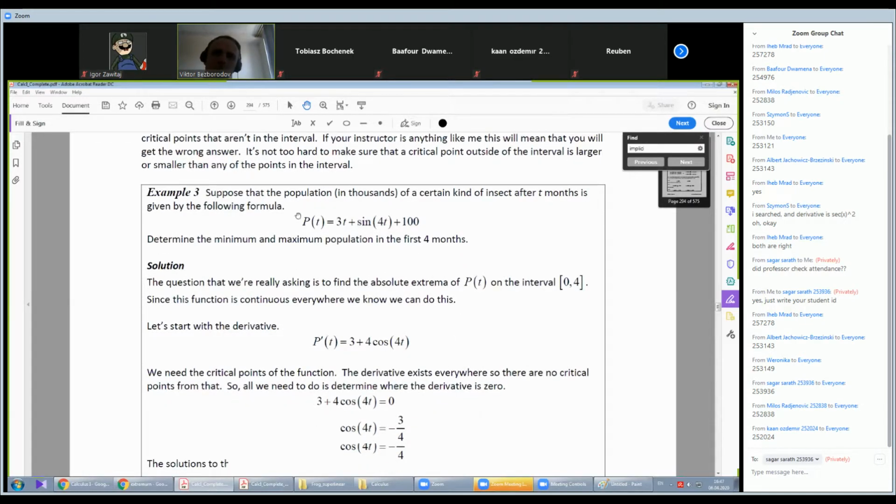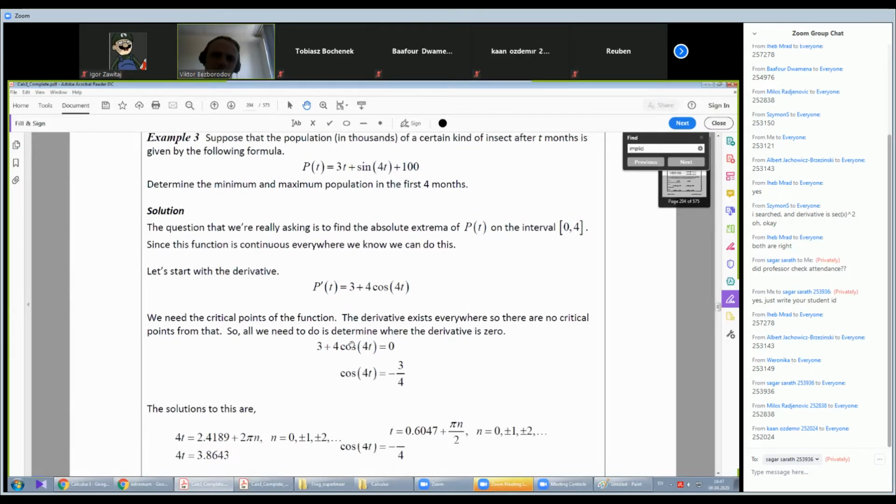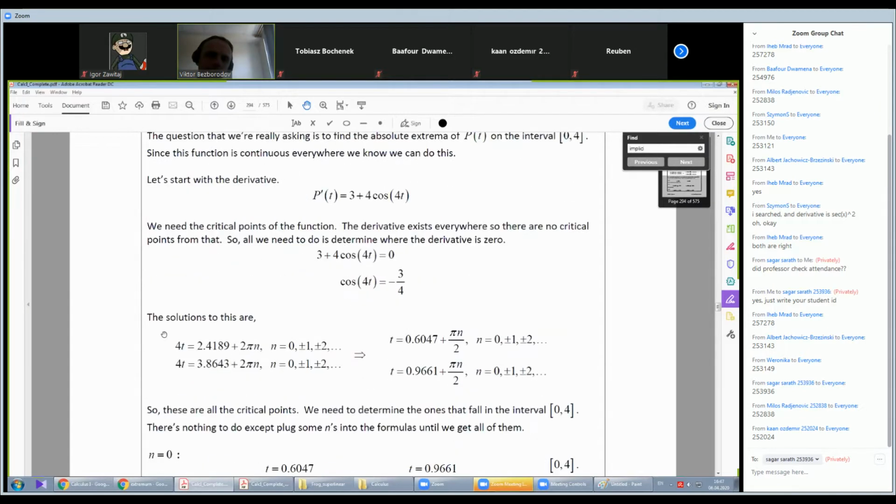So we have a function, and we find the derivative. We solve the equation for when it's 0, and these are the solutions.